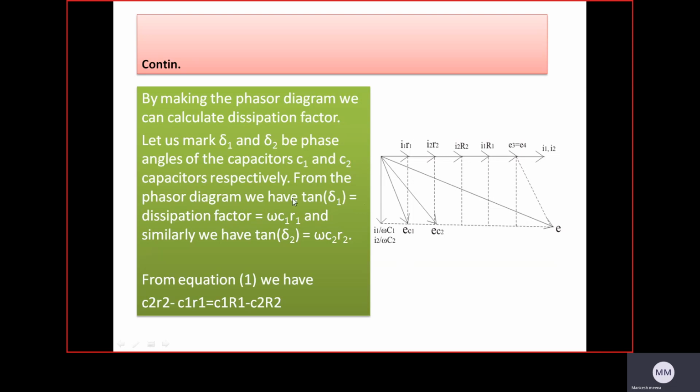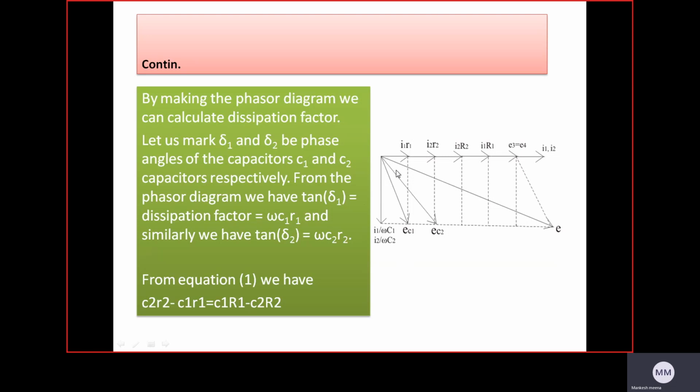From the phasor diagram we have tan delta 1 equal to dissipation factor, omega C1 r1, and similarly tan delta 2 equal to omega C2 r2. Assume this is delta 1, the phase angle of capacitor C1.